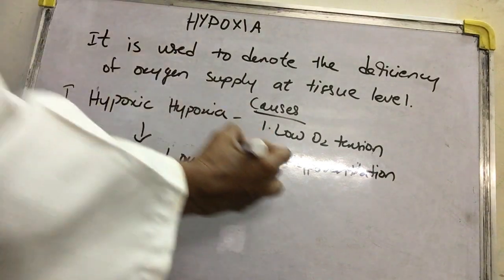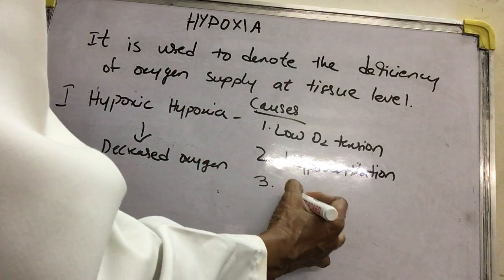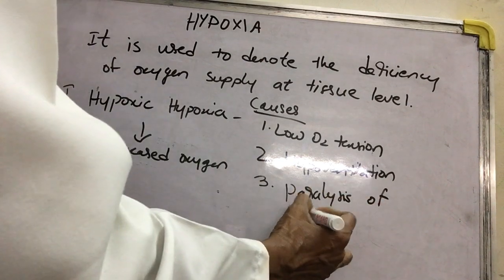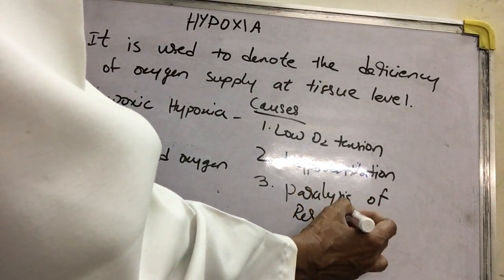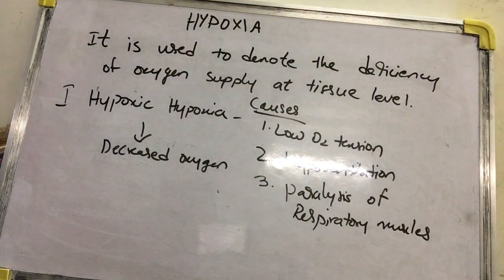Another cause of hypoxic hypoxia can be paralysis of the respiratory muscles, as seen in poliomyelitis, because of decreased entry of air into the lungs.